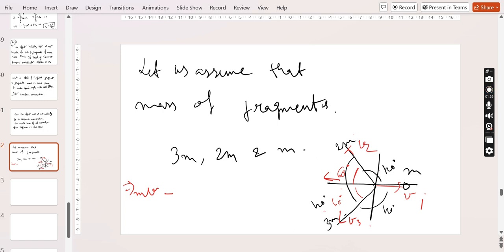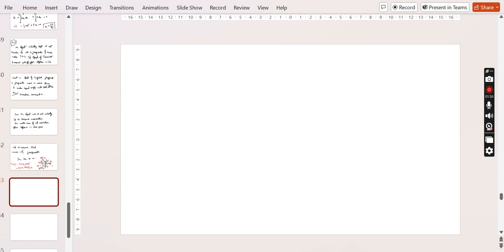So v1 minus v2 cos 60 degree minus 3 v0 cos 60 degree is 0. Simplifying, we got v1 minus v2 is equal to 3 v0 by 2.